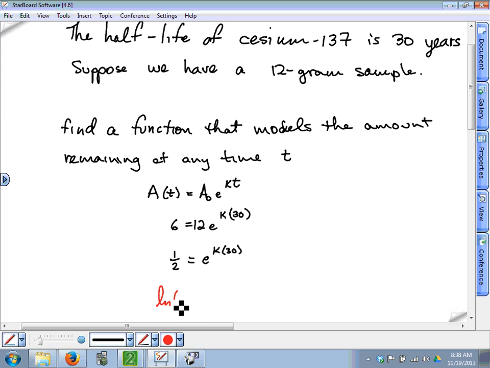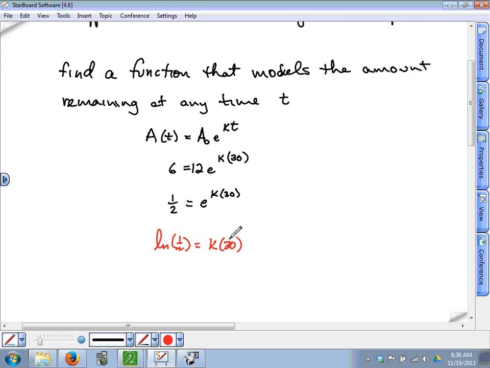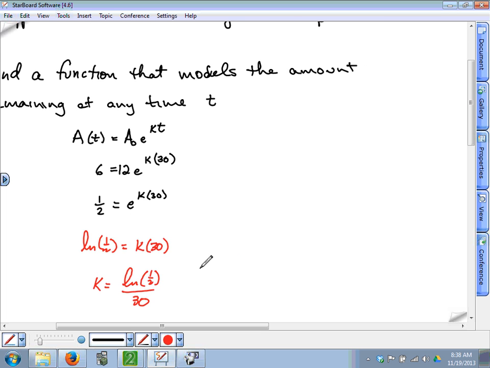Now if we take a natural log, we have natural log of 1/2 is equal to k times 30. I know I'm moving pretty quick here, but I'm really excited to get to this pH stuff. Divide by 30, and we have k is equal to the natural log of 1/2 over 30. So that's the relative growth rate. So now we can finish our model.